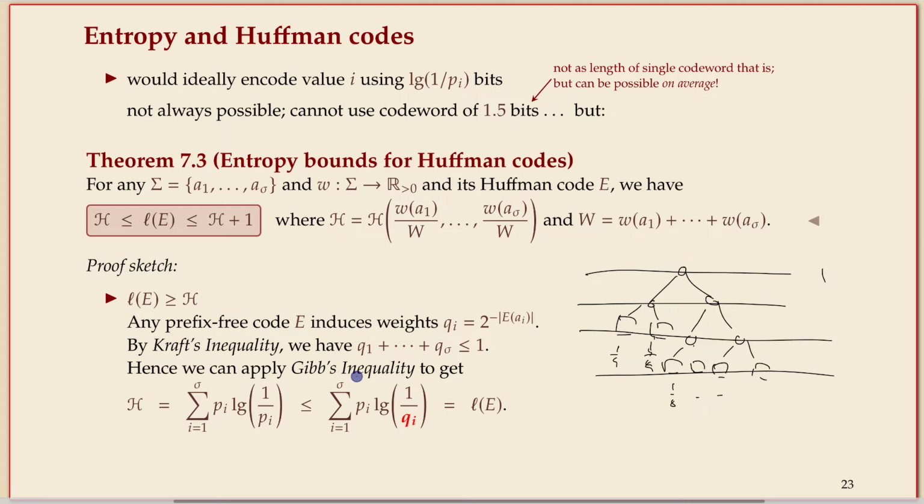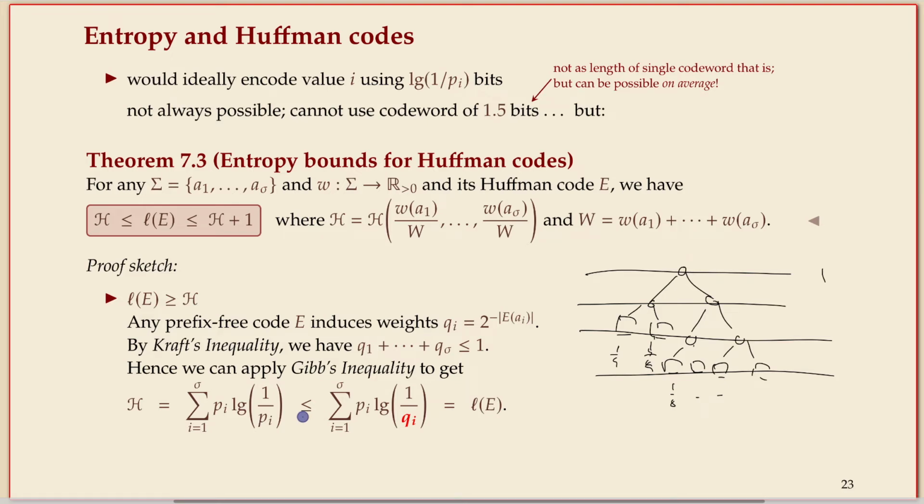And the second, Gibbs inequality, is an analytic property of the entropy. If you take this formula for the entropy and replace this pi with any other numbers that sum to at most 1, then you make the sum bigger. For that, you'll just have to believe me for now. It's simple to prove with just the slope of the logarithm. Logarithm is a concave function.